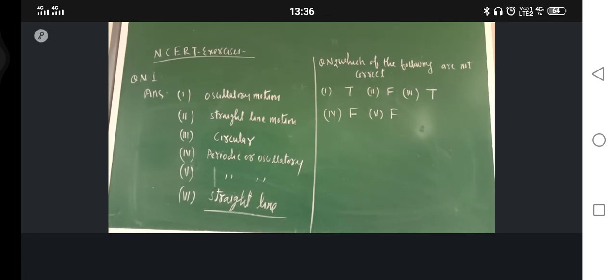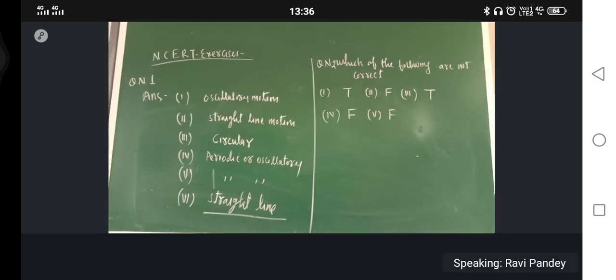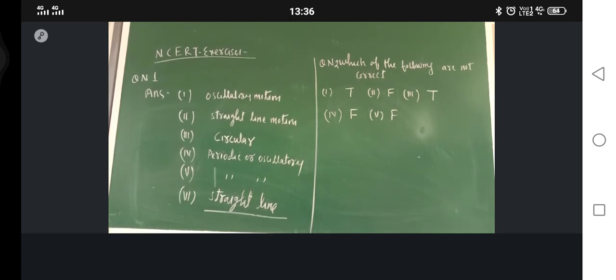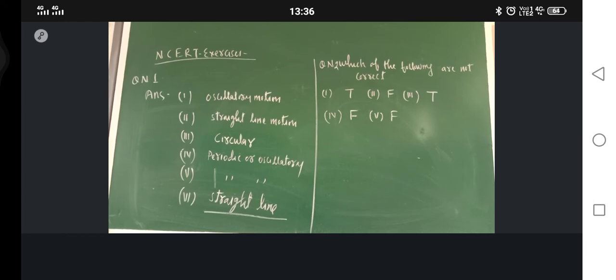Hello, I have removed the caller mic. Please speak. Okay, sir. So just see question number 1, 2. Third also I have explained. Fourth also I have explained. Am I correct or not? Sir, why is fourth wrong?